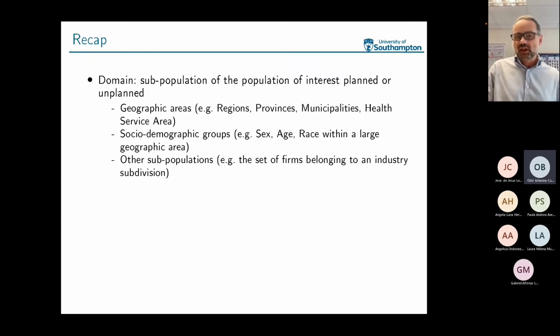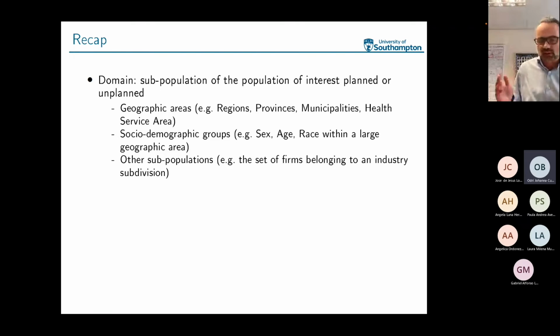So we can have geographic areas, which we spoke about, but you may be interested in a combination of geographic areas and other socio-demographic groups. For example, in your monetary poverty, you are clearly interested in municipalities, but you might also be interested in poverty rates that are disaggregated by some other characteristic.